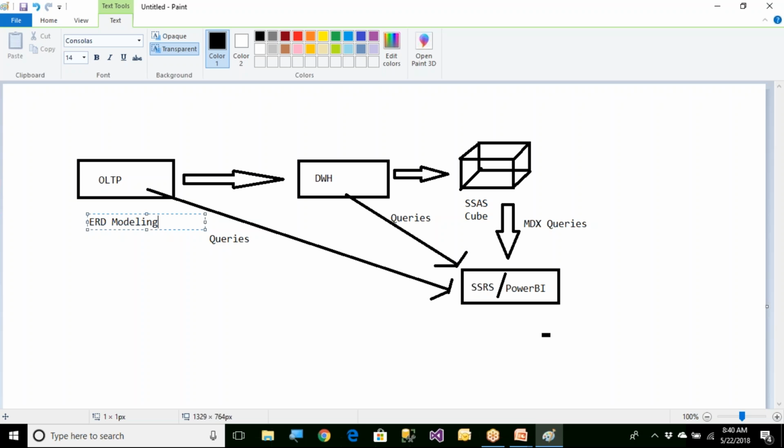It is completely impossible. You have to have the design work done properly. Based on the design, you create the OLTP databases or data warehouse databases. Here we use ERD modeling, and here we use a concept called dimension modeling. These are the designing concepts.